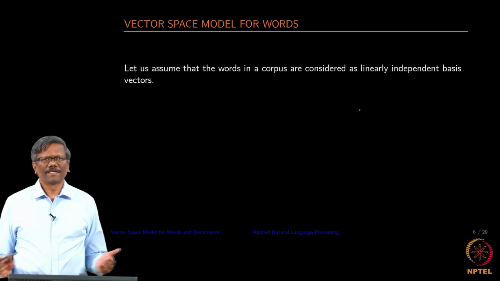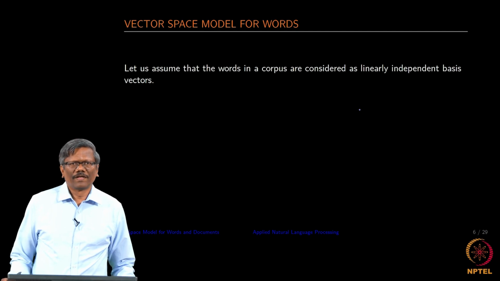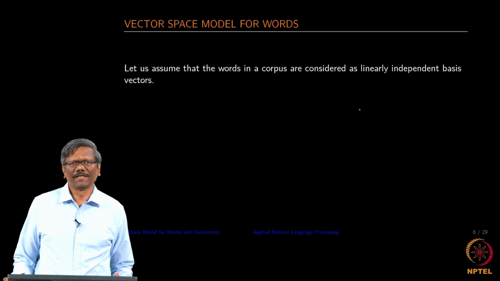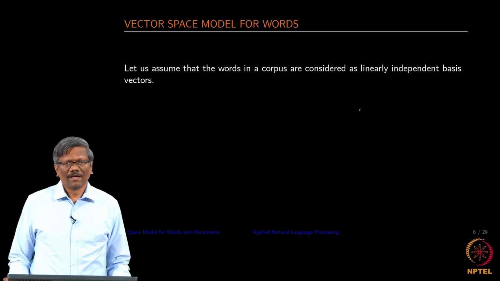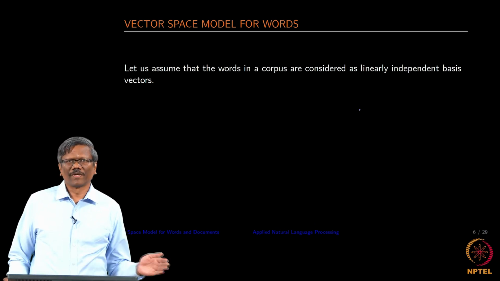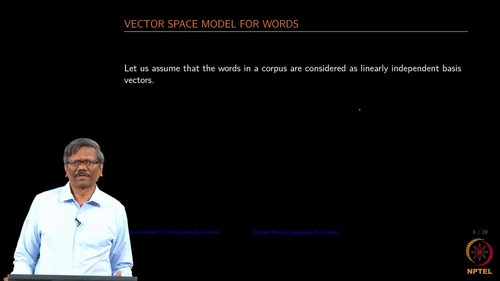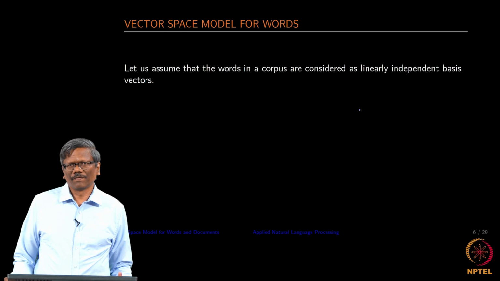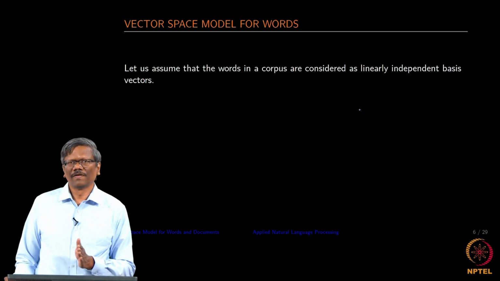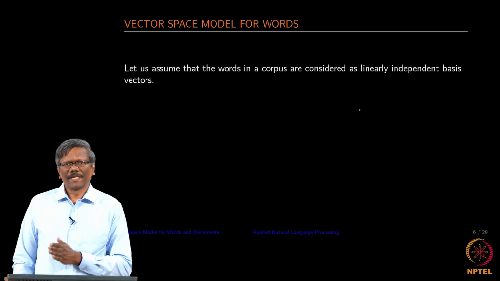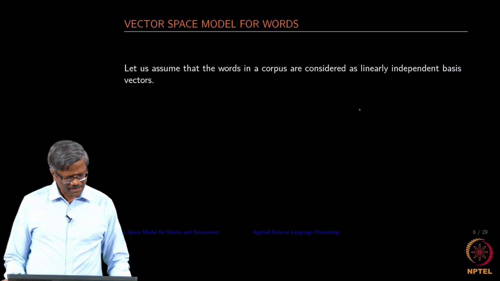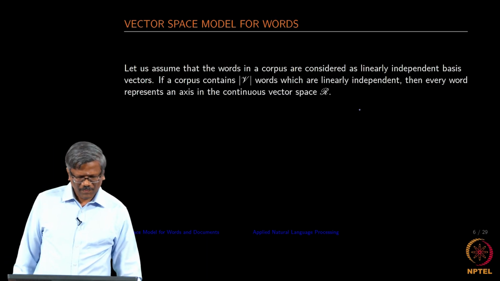So, now let us assume that all the words in the corpus are considered as linearly independent basis vectors. That means every word is different, they are not connected to any other word. Suppose you have about 300 words, all 300 words are independent and they have no relationship to each other. That means if I do a dot product of a word A and B, the result is going to be 0.